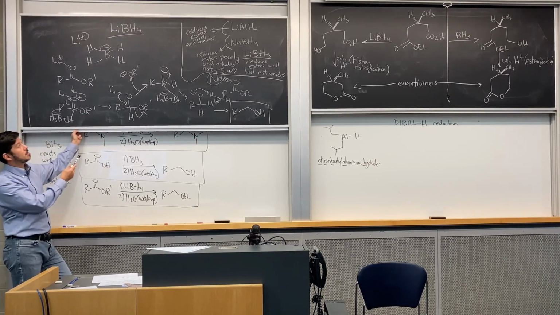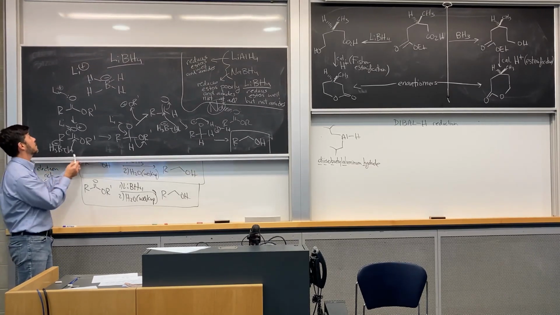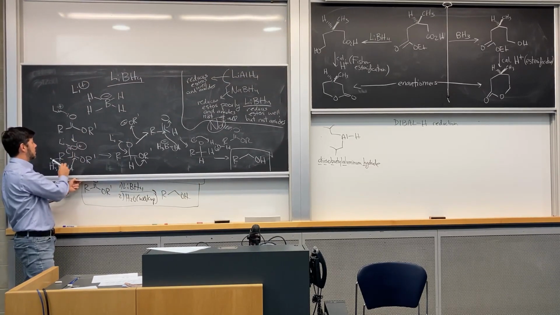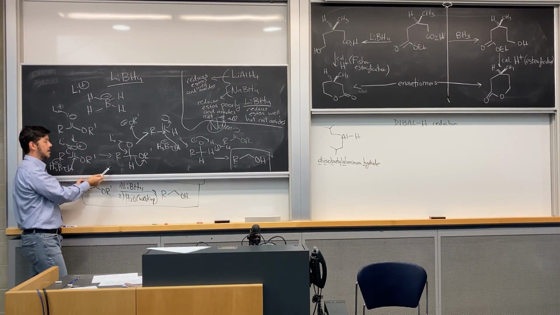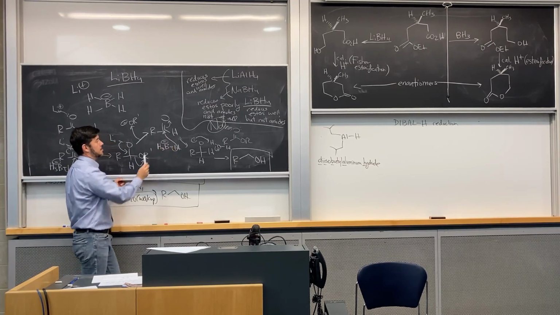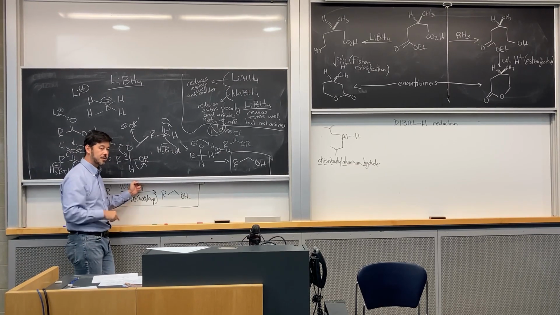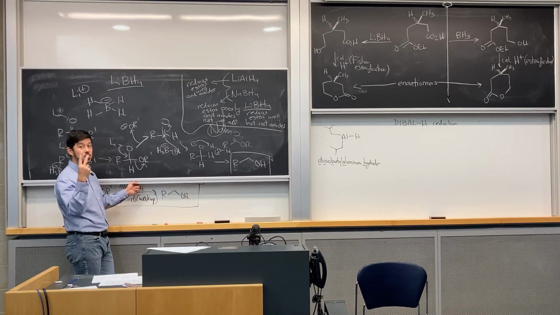So in this case here, if we want to reduce an ester, what happens is that you get first activation, you get nucleophilic attack, and then your transient compound in the middle is an aldehyde. And then that gets reduced again to an alcohol. So it goes through 2 rounds of reduction.